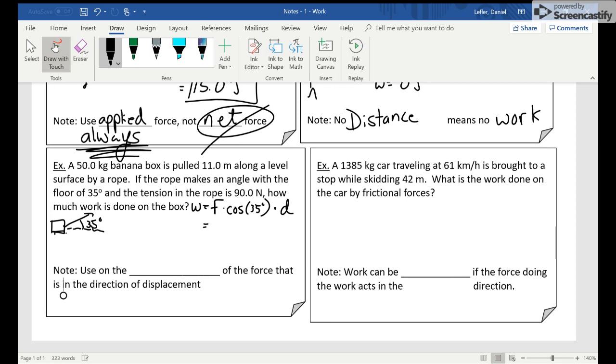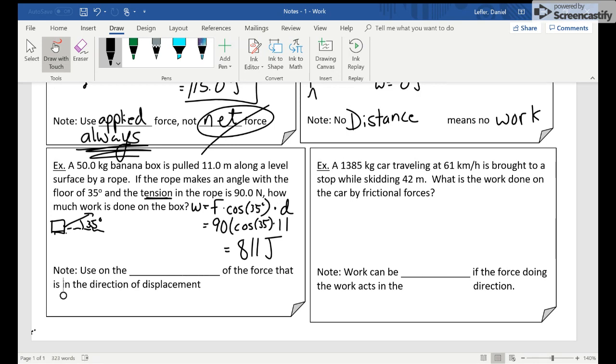So if we plug in our other numbers, our force, we're told the tension on the rope. So remember, tension is a force that deals with ropes and whatnot. That's going to be 90 times the cosine of 35 times our distance, which is 11. And you should get something pretty close to 811 joules. Again, plug it into your calculator. Make sure you're actually getting that number.